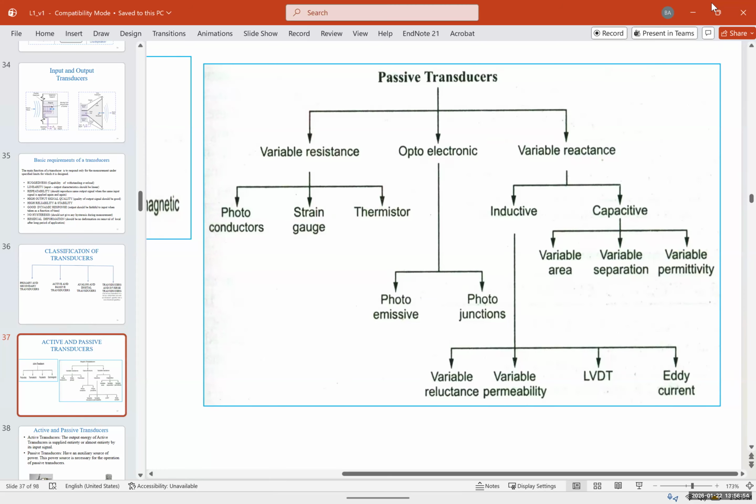With photoconductors, when light falls on them, the resistance changes. They are usually used in, for example, dusk-to-dawn sensors, if you want to turn on a light when it's night and turn it off during the day.